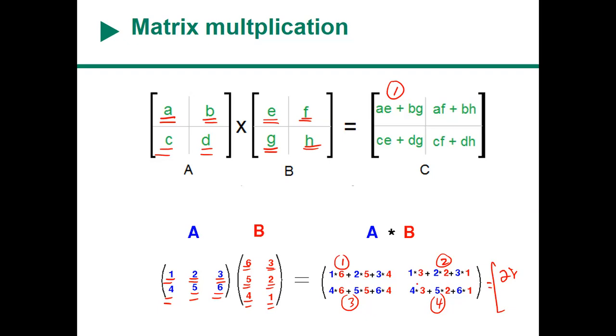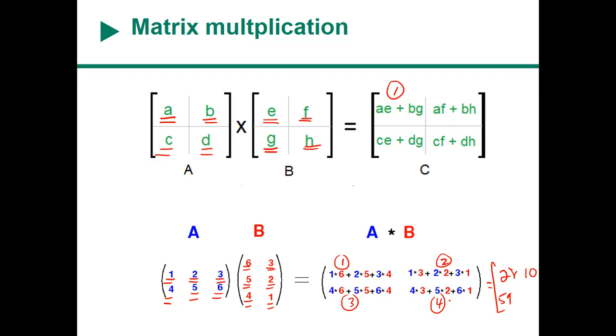Now we're going to do 1 times 3, 3 plus 4, 7 plus 3, 10. 4 times 6, 24, plus 25, 49 plus 10, 59.